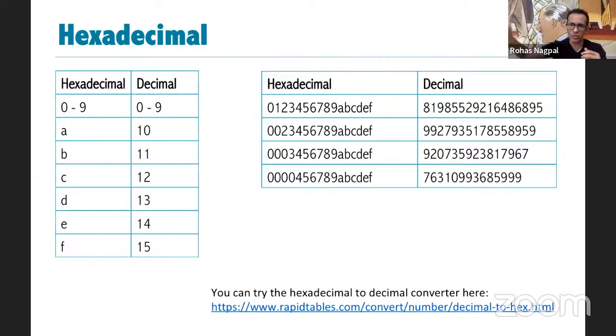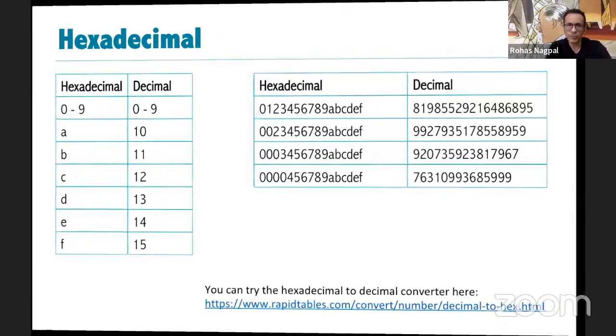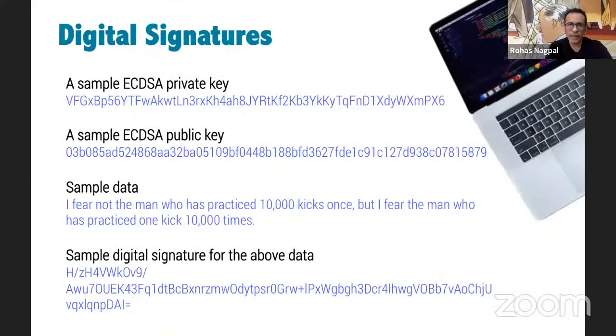So binary is 0 to 1. Decimal is 0 to 9. Hexadecimal is 0 to 15. So we say F. Right, so the hashes you are looking at are actually just numbers. And obviously, almost everything that you see in the world of computers, usually a lot of it will be running on hexadecimal.